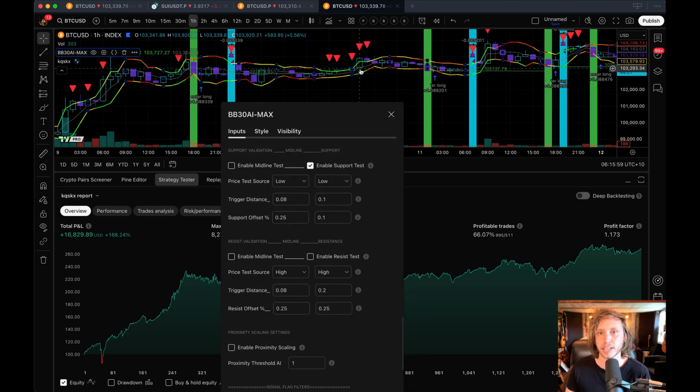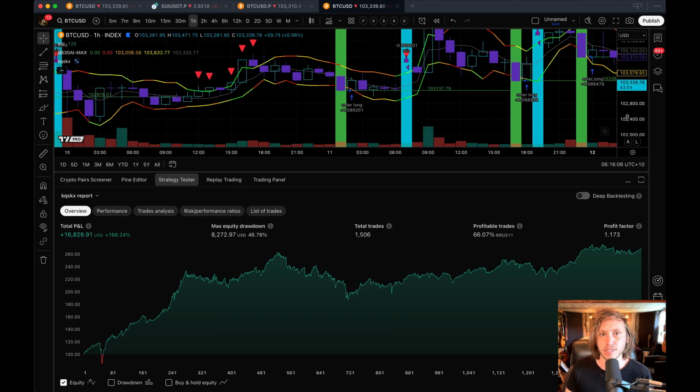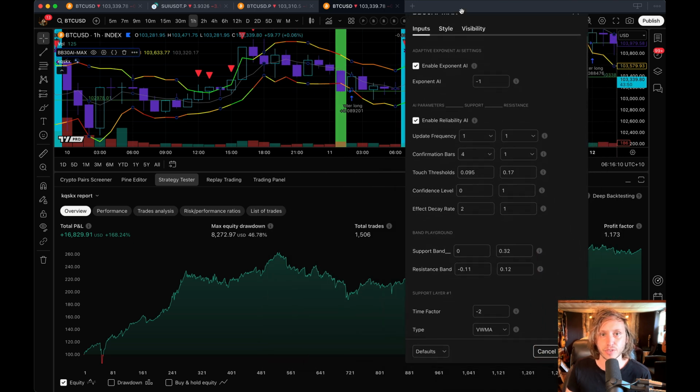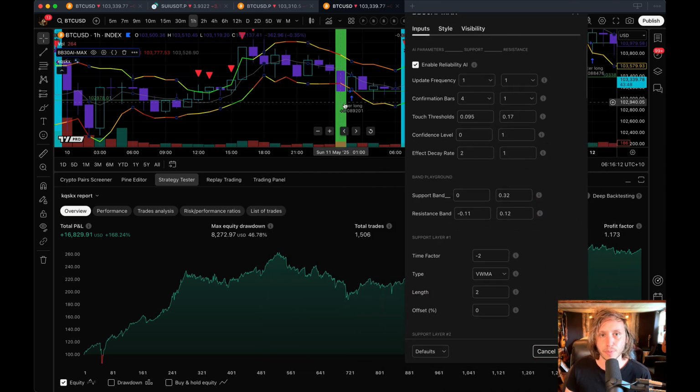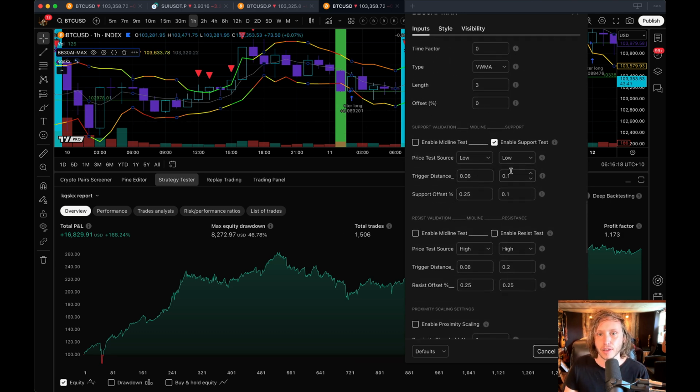So let me find an example. When we have our support test, it means that on the previous bar before entry, price has to have tested the bands by this much distance.